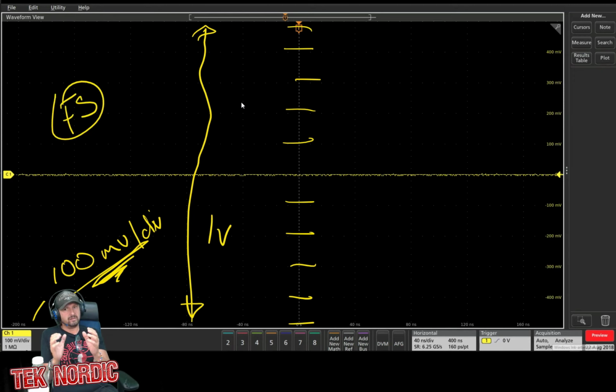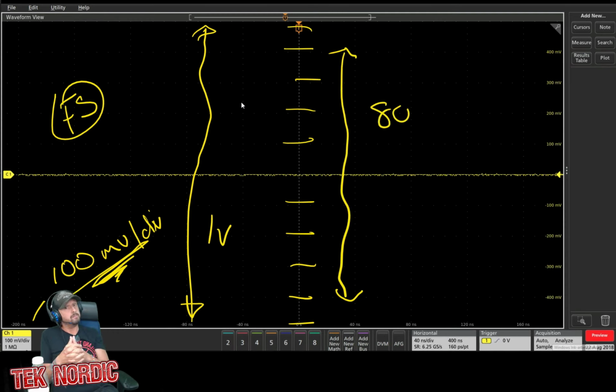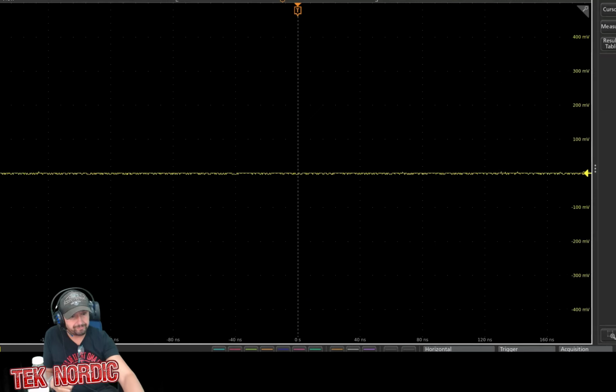So a Tek scope with 100 millivolt per div will give you 1 volt, versus some other competitors, they have 100 millivolt per div, it will give you 800 millivolt. So that's something that you can recognize and think about how the industry compares itself. Of course, there's a difference between 1 volt and 800 millivolt.